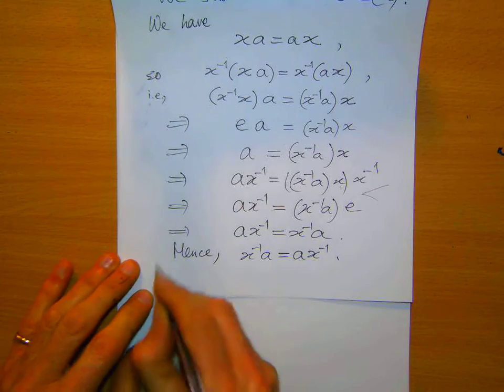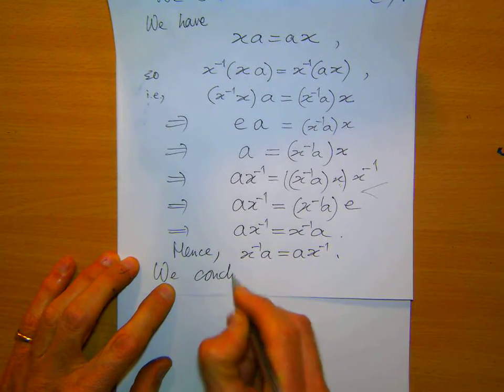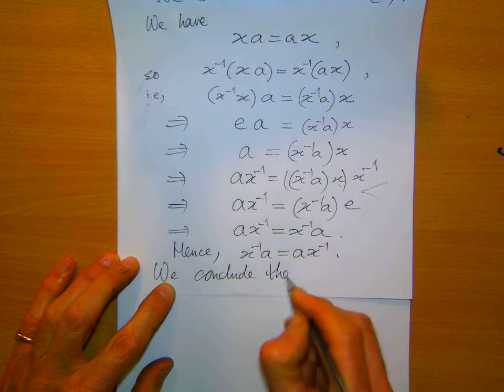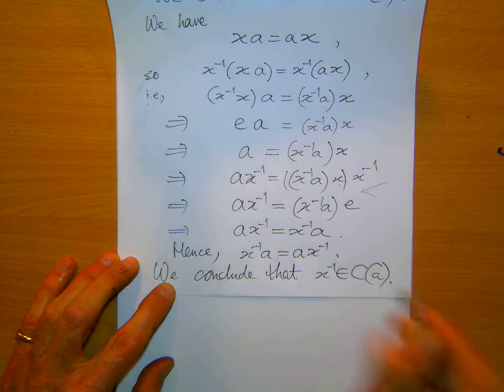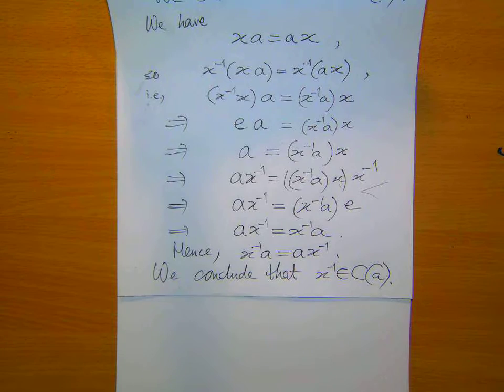So we conclude that X inverse is in C of A. So starting from XA equals AX, I could use that X inverse A equals AX inverse. Okay?